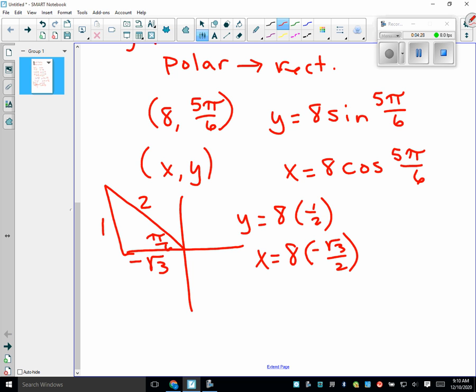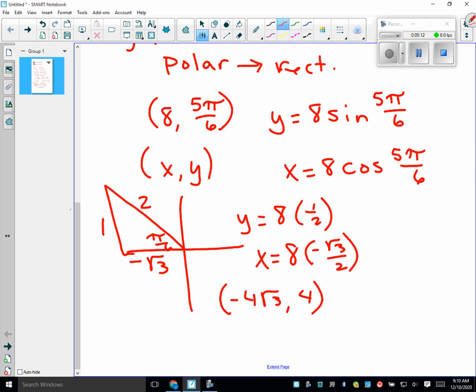So my polar was (8, 5 pi over 6). My rectangular is what? What is my x value? Negative 4 radical 3. What is my y? 4. Now, I want you to think a minute about polar. 8, 5 pi over 6.